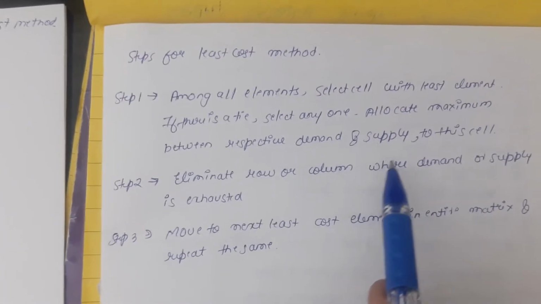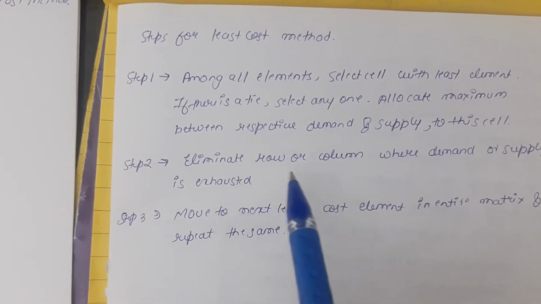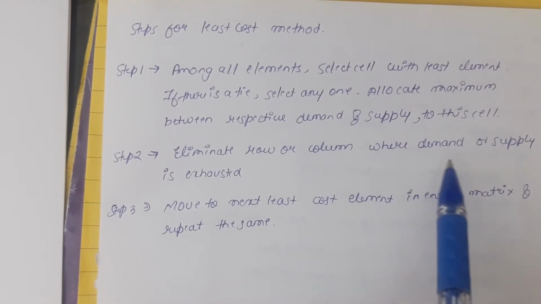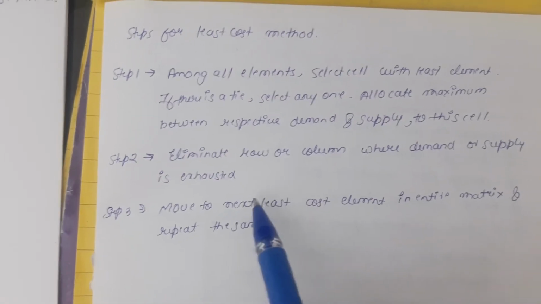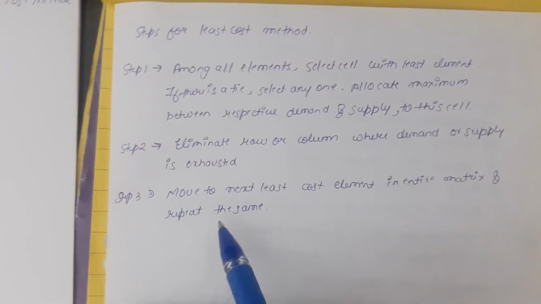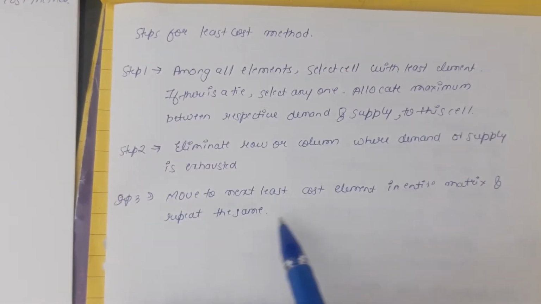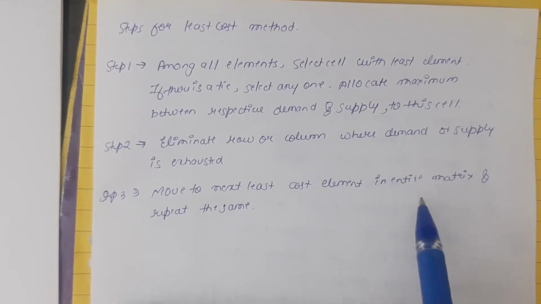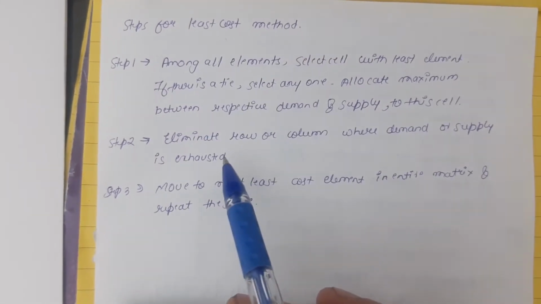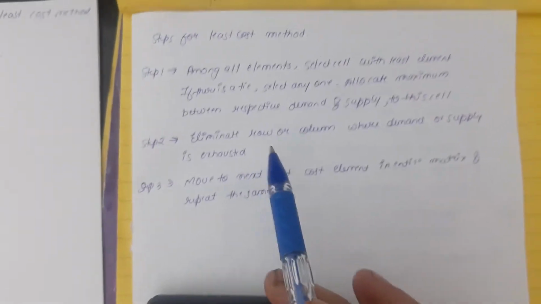After allocating the maximum supply or demand, we eliminate that particular row or column where demand or the supply is exhausted. Then we move to the next least cost element in the matrix, and we repeat steps number 1 and 2 again to find the final cost.